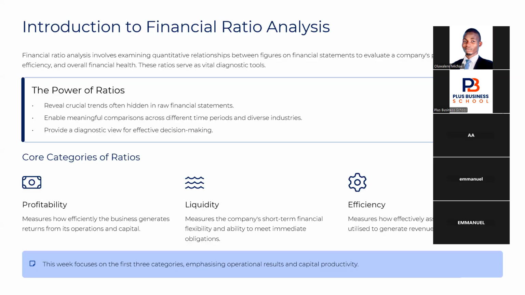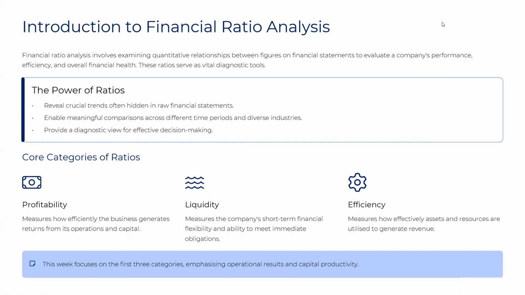If you say ratio, you are comparing 2 or more things. In most cases, you divide: you have the numerator and the denominator. So ratio involves examining quantitative relationships between figures on the financial statement. So that is financial ratio.